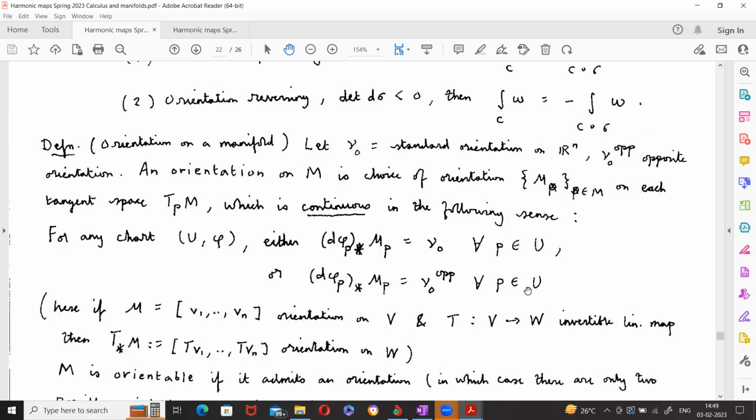So in this sense, the choice of orientation is continuous. Is the definition clear? Yes.